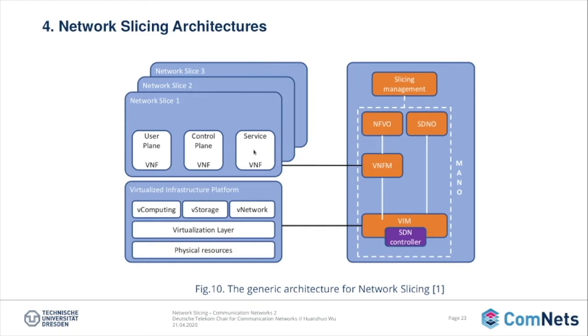Network slice instance. It's a collection of resources from the virtualized infrastructure platform. They are organized to form a network slice. The different functionalities are allocated by the network function virtualization manager based on the directive by the NFV orchestrator.